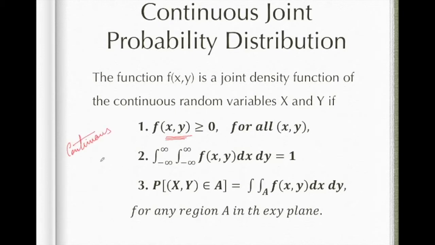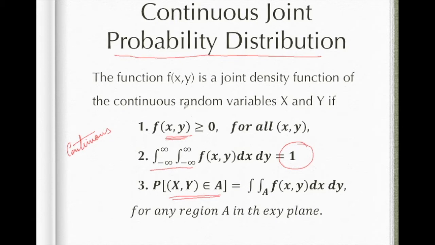When they are continuous, we cannot deal with the sigma sign. We have to integrate over the ranges, which may be the domain of x and y. If this comes to 1, it is a probability distribution. And when x and y are continuous, it is called a continuous joint probability distribution.